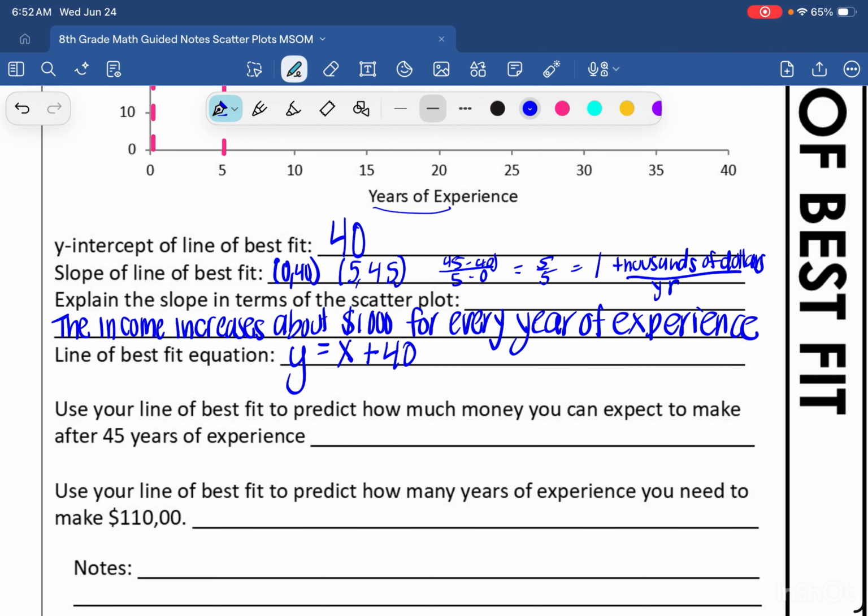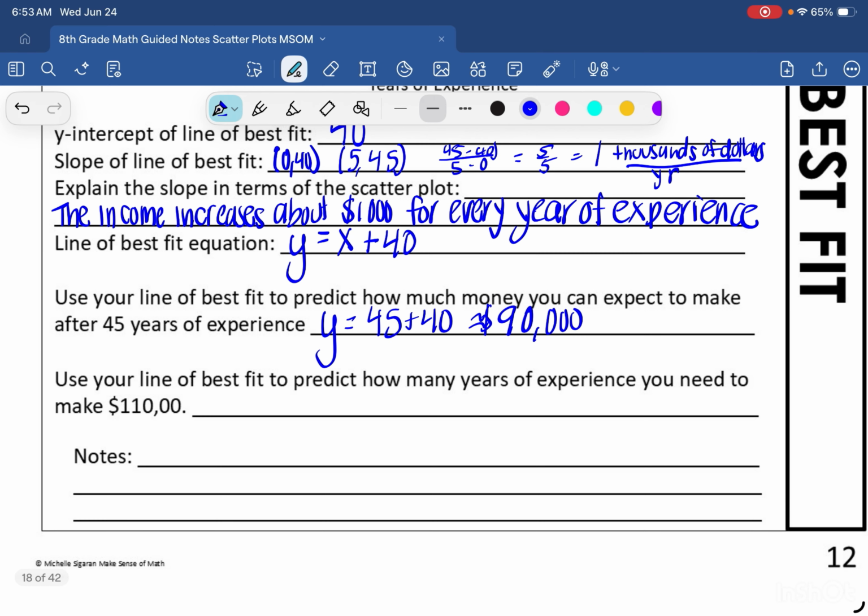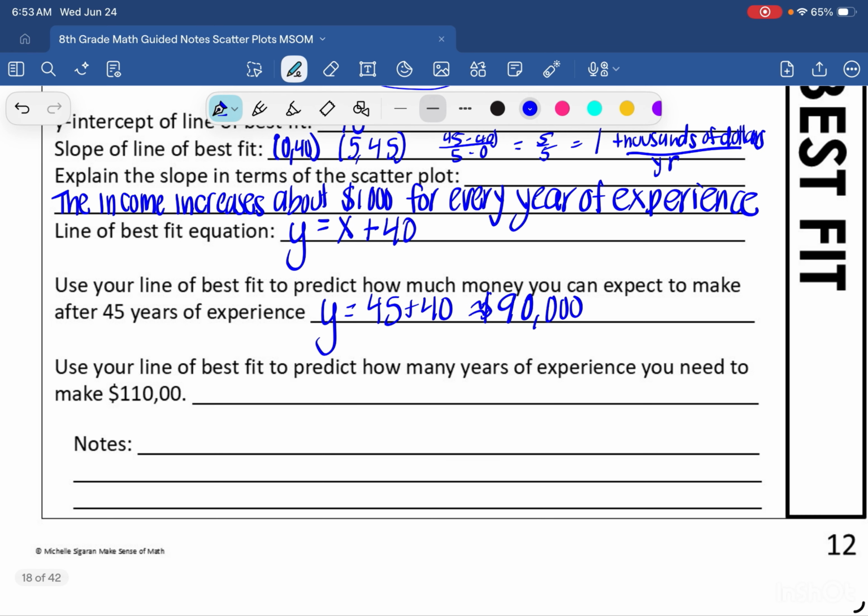Use your line of best fit to predict how much money you can expect to make after 45 years of experience. So years of experience is my x, so I'm going to substitute 45 in for x and simplify. And that's about 90. So I expect to make about $90,000 for 45 years of experience. Now predict how many years of experience you need to make $110,000. 110 is my y.